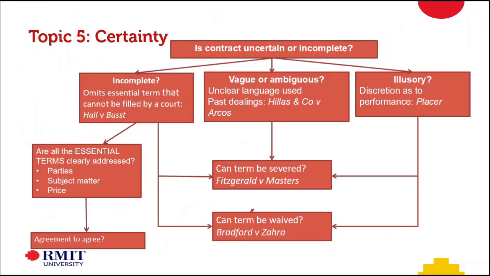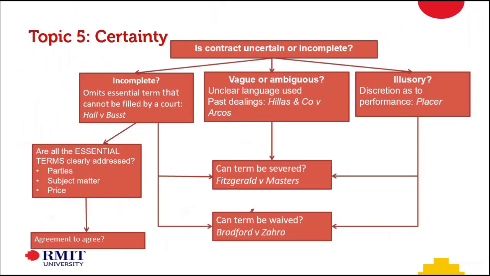So, certainty, there are three aspects to certainty. If we start with thinking about, is the contract sufficiently complete and is it clear, then the third rung of certainty is about, is it a real promise or are they illusory promises?